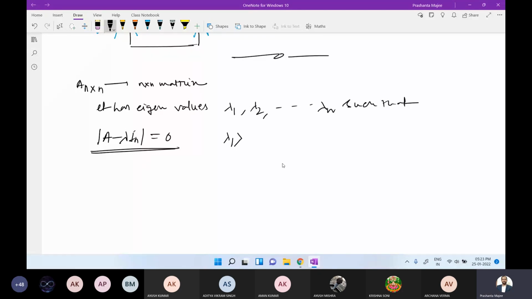Lambda 1 greater than lambda 2 greater than or equal to lambda 3 greater than or equal to lambda 4, and so on up to greater than or equal to lambda n. Look at the sign here. The first inequality has to be strictly greater than. So what is the meaning of that? There should be only one maximum eigenvalue. The maximum eigenvalue should be of multiplicity 1.